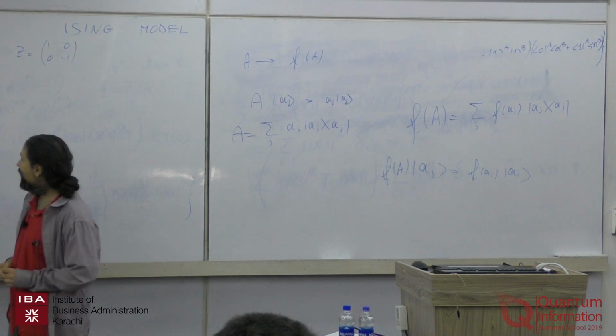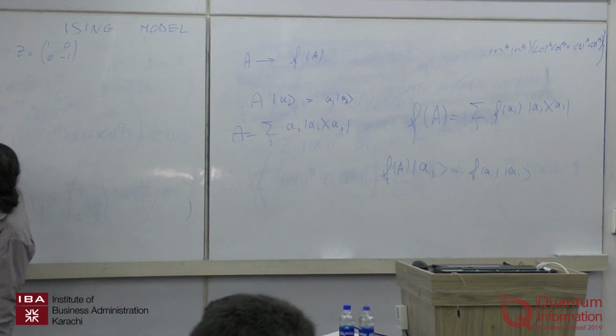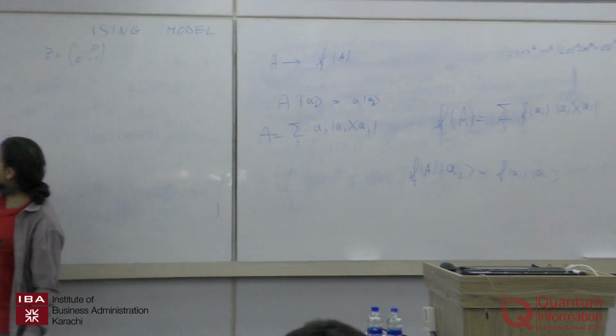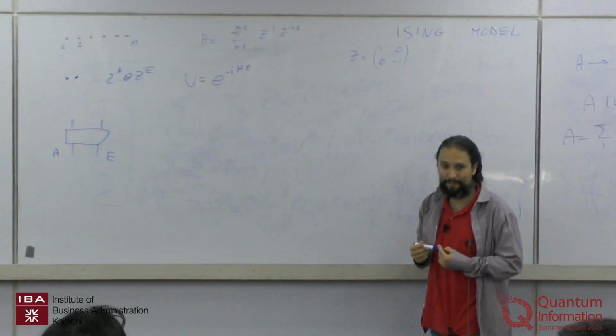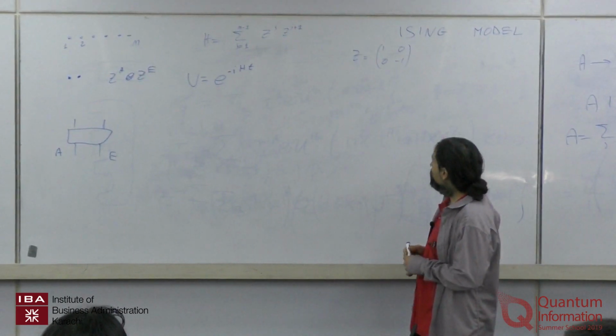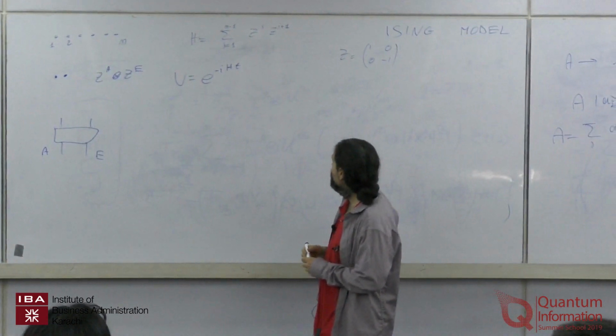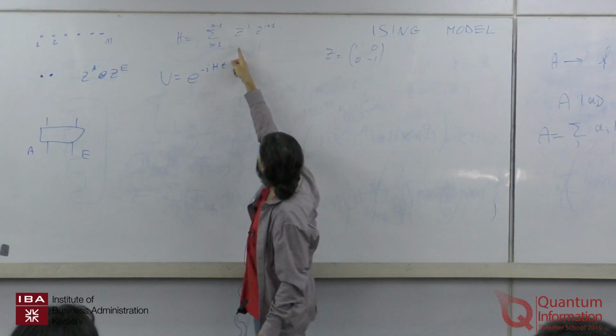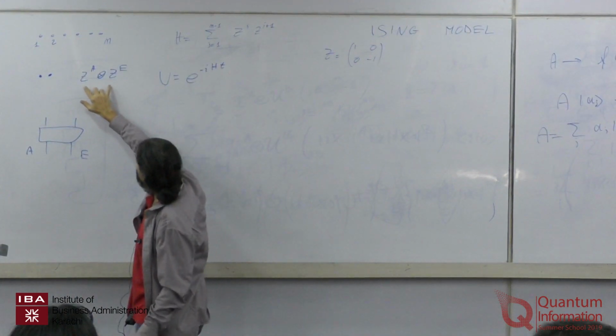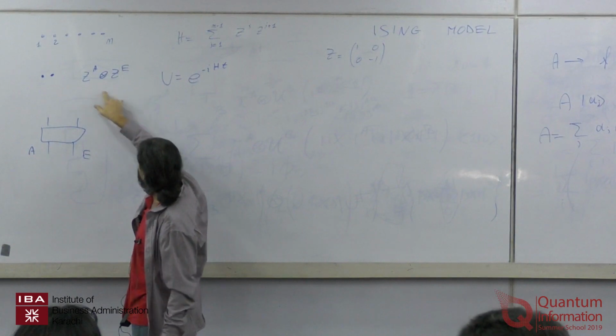In this case, it's going to be really simple because this Hamiltonian is very, very simple to diagonalize. That's why I chose that one. So we need to find, well, let's focus on this thing here.